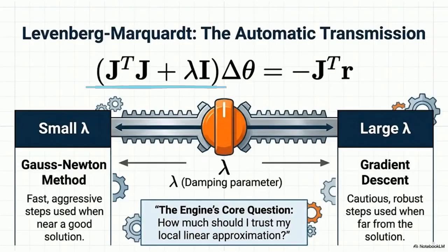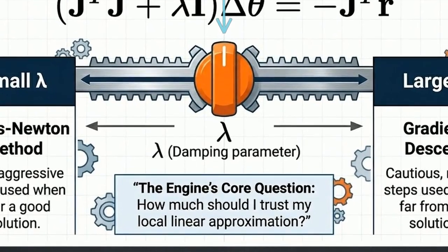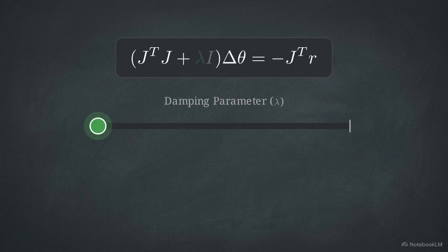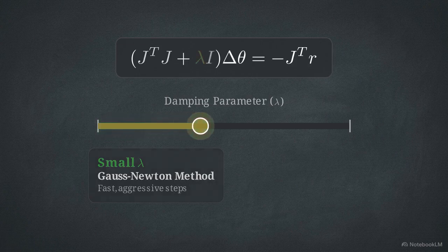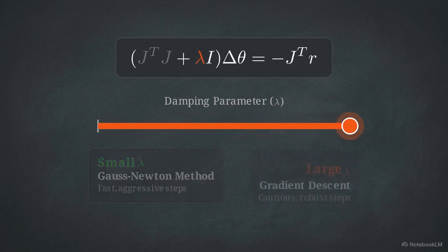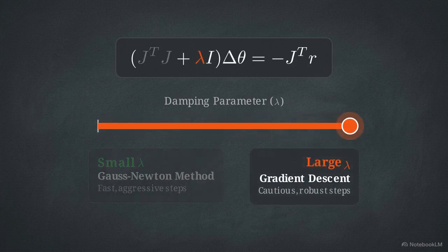Once the Jacobian is mapped, curve_fit uses algorithms to choose step size. The default Levenberg-Marquardt algorithm acts like an automatic transmission, continuously asking, how much should I trust my local linear approximation? It controls this trust using the damping parameter lambda. Small lambda uses Gauss-Newton for fast, aggressive steps. If the approximation fails, it increases lambda, shifting into a cautious, robust gradient descent.